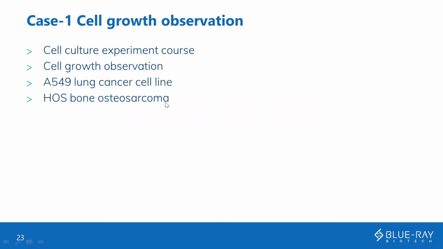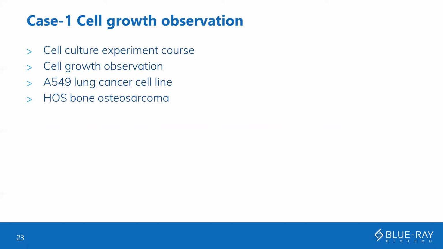They were learning how to culture cells and use them for further analysis like cytotoxicity experiments. And they use the EzScope 101 to observe the process of cell growth. I think this application is very simple, but for beginners, it is very important to understand the growth characteristics and the morphology of the cells you cultivate.